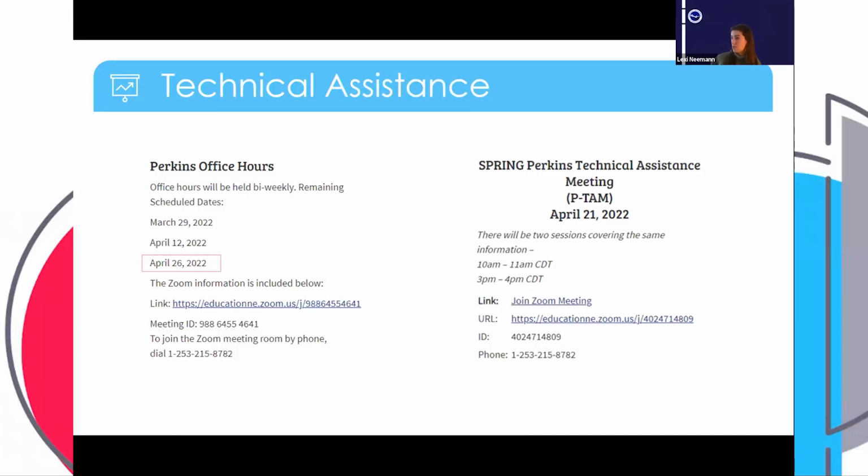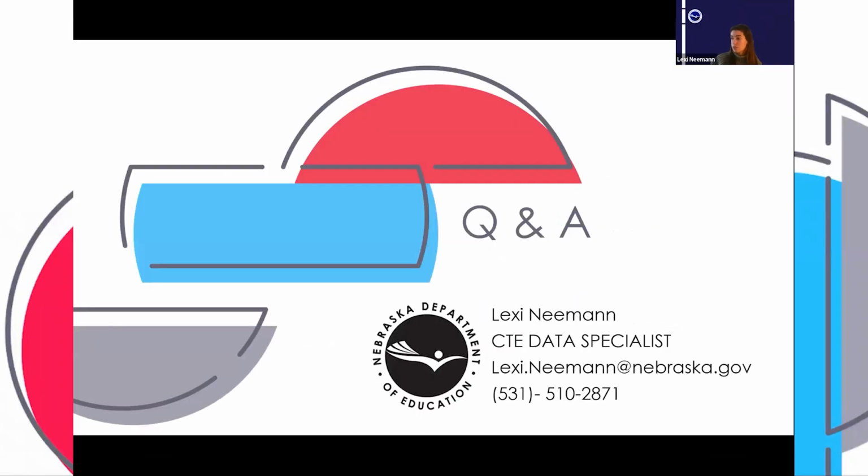The information is the same for both, but I highly recommend passing that on to your other Perkins folks or attending either one to get more information, not just data, but Perkins as a whole, or for any questions that come up in the upcoming weeks as you write the narrative and do other budgetary work for Perkins. This is also my contact information if you need anything, as well as any more information that would come up.